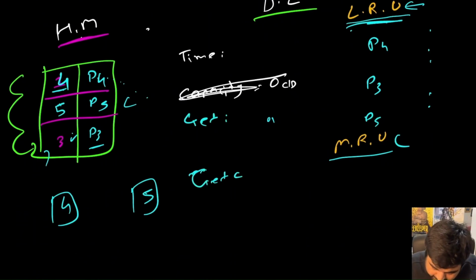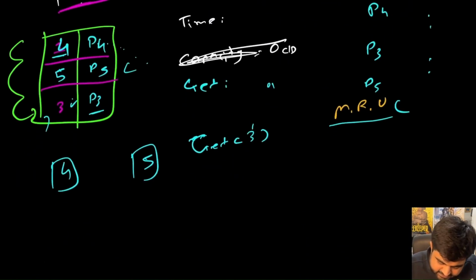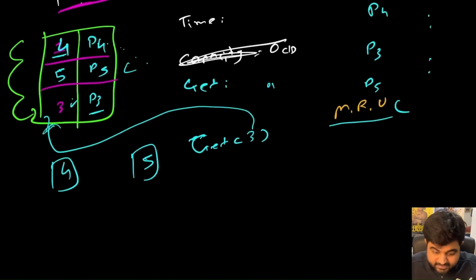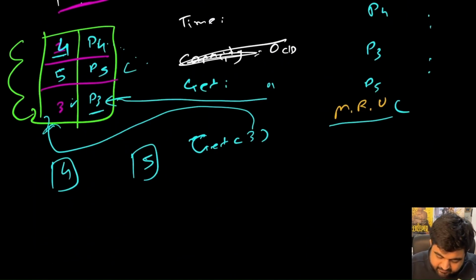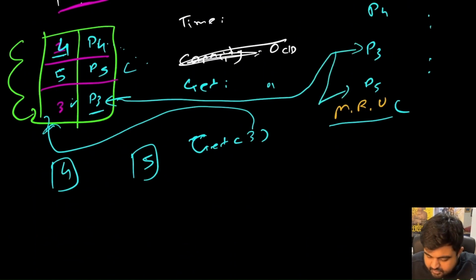If we want to get a particular value, say get 3, we check whether this key exists inside the hash map or not. Yes, it exists. Now we can easily fetch the value from the pointer. But at the same time, we will have to mark 3 as the most recently used value, and that can also be done in big O of 1 time. And this hash map can also operate in big O of 1 time. So the get operation works in big O of 1 time.